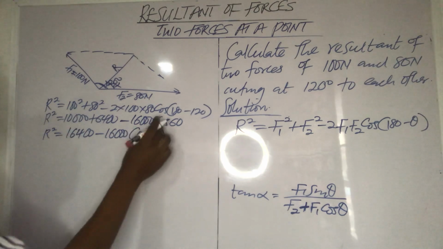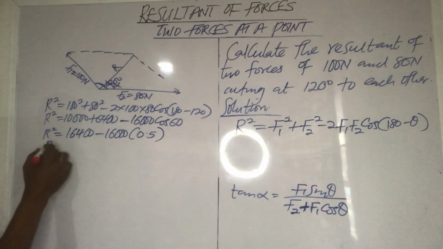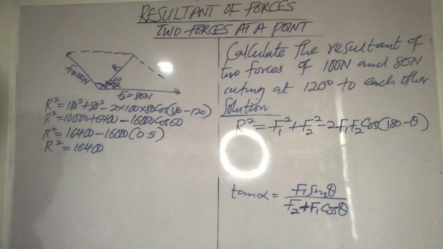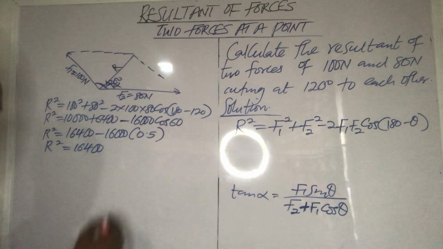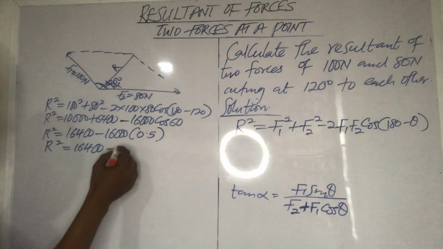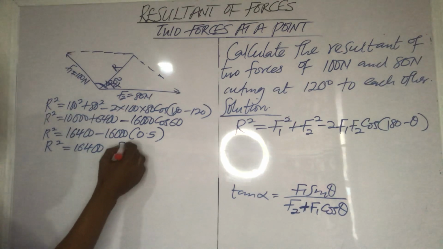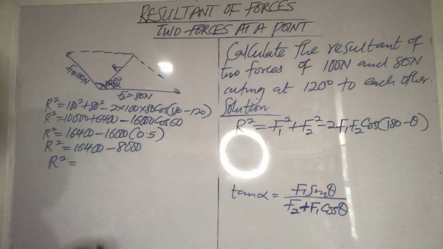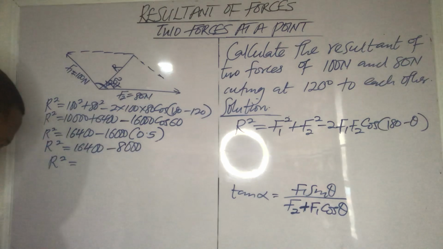Cos 60 is 0.5. So you have R squared now is equal to 16,400 minus 0.5 times 16,000, that's 8,000.